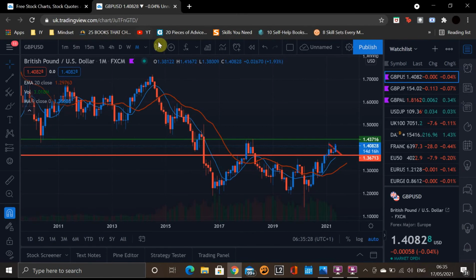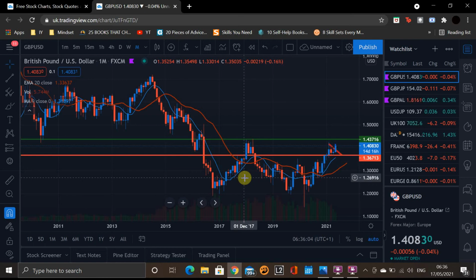Okay, so right now it's 6:35 a.m. and I'm on the monthly chart. The reason I picked the monthly chart to start off with is because I've seen from a few sources, from a few big forex YouTubers, they talk about how on the bigger time frames, the bigger the time frame, the more reliable the chart pattern.